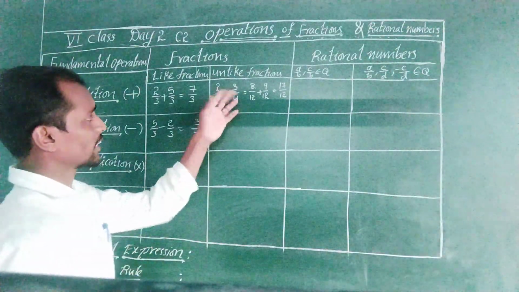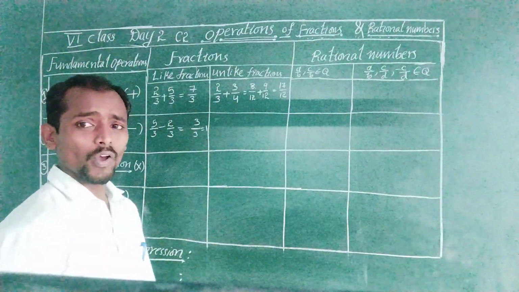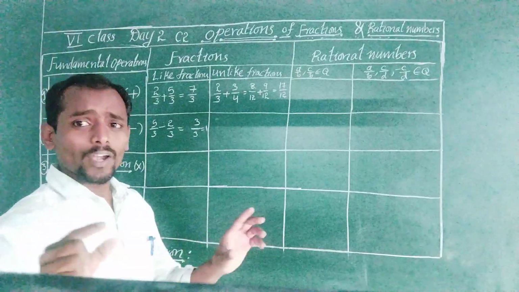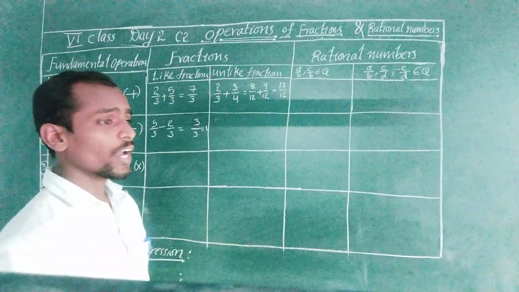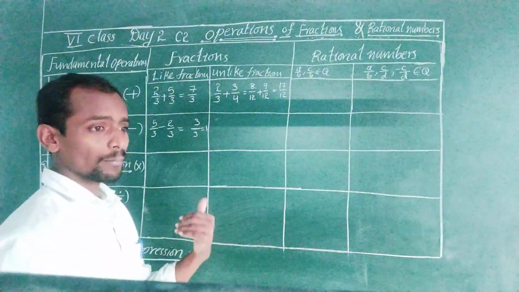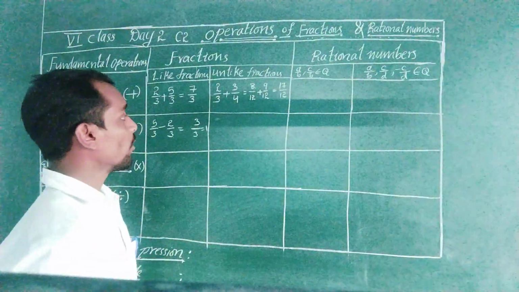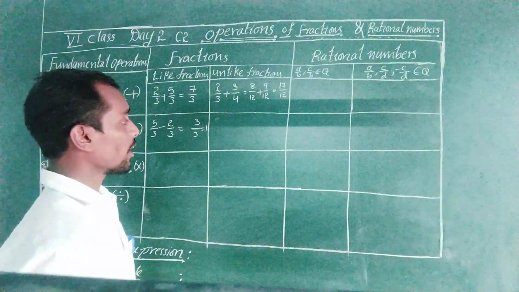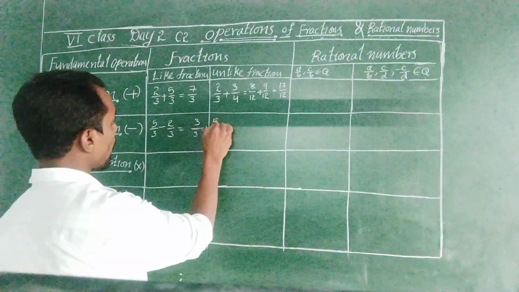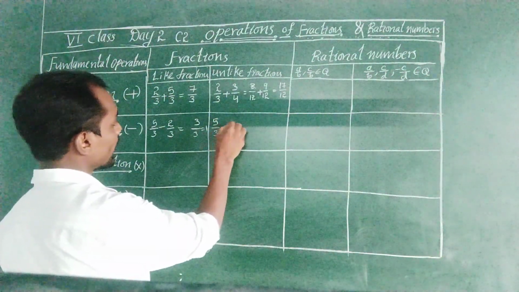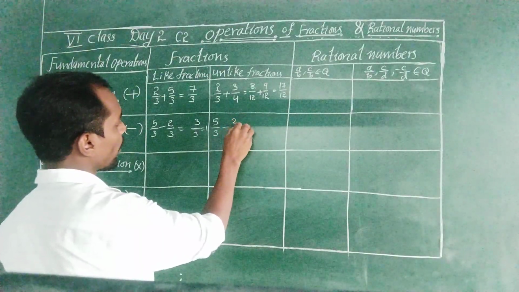Now for unlike fractions, you follow the same process. You have to find the LCM of the denominators and equalize both denominators to the LCM by multiplying with the suitable number. Now 5 by 3 minus 2 by 4.